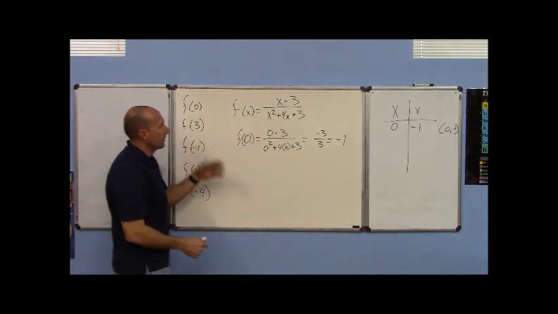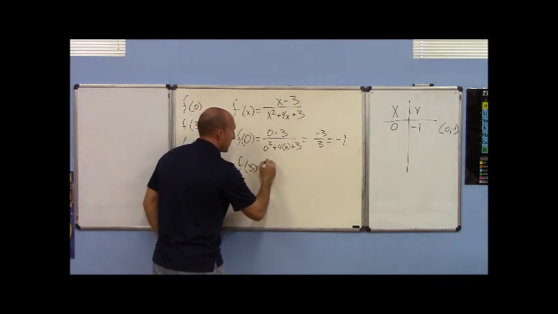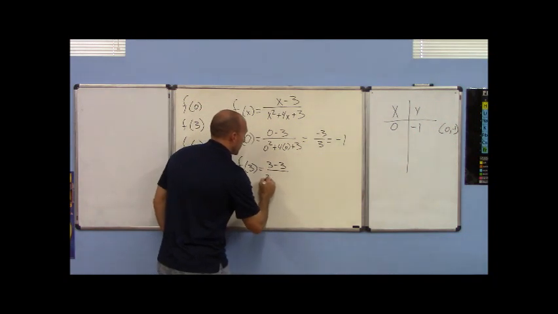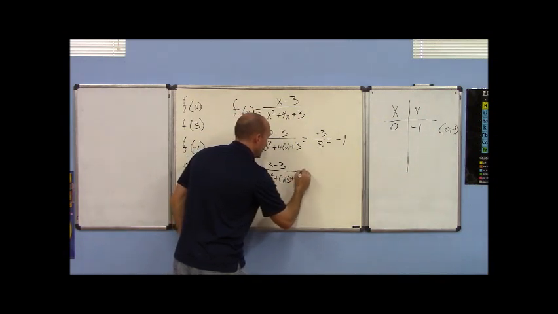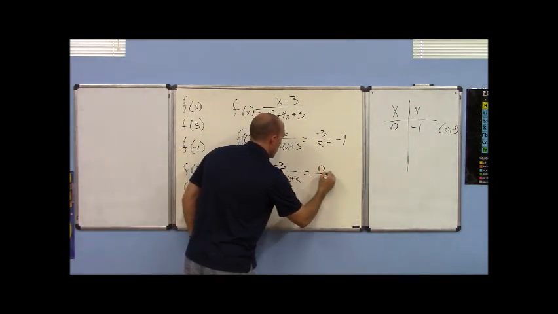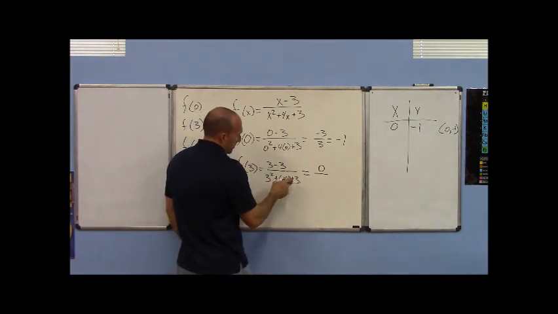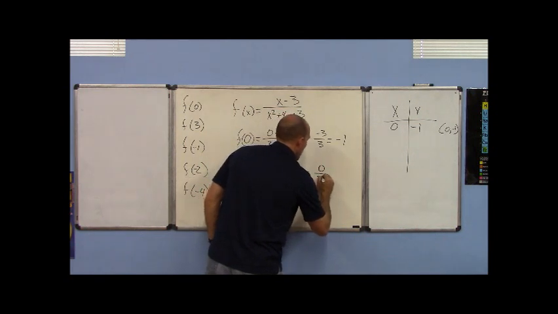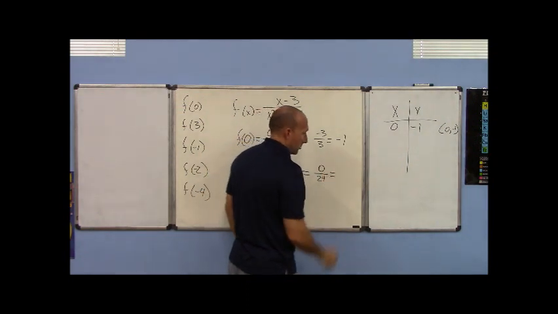Now we can do 3. Function of 3 equals 3 minus 3 over 3 squared plus 4 times 3 plus 3, which equals 0 over 9 plus 15, which is 24.